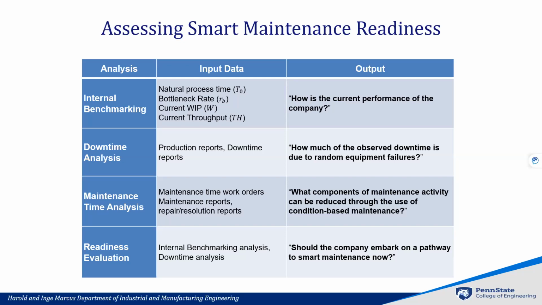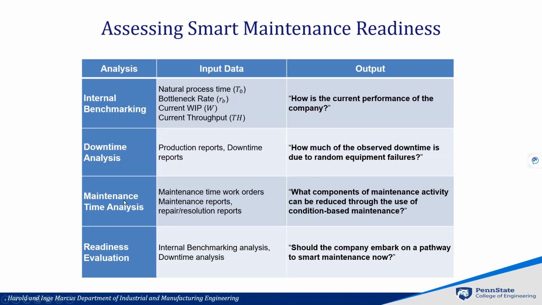If much of the downtime is caused by something else, such as setups or teardowns that you have to do to change over from one type of product to another, then maybe you need to focus on how you reduce the downtime caused by setups rather than focusing on maintenance at this point. Okay, so that's really what this step focuses on.